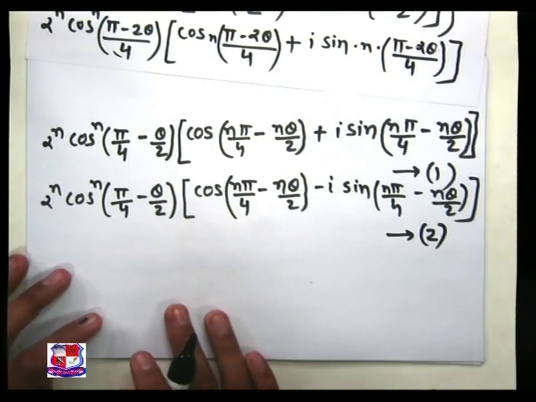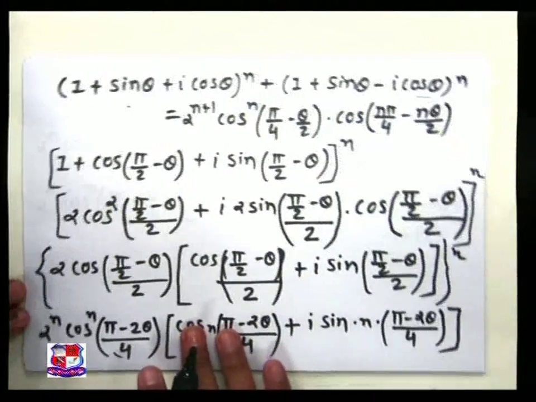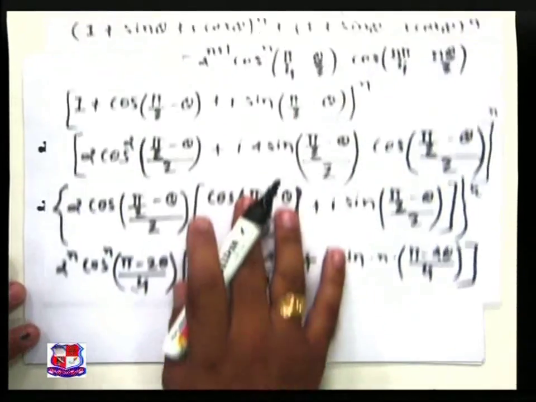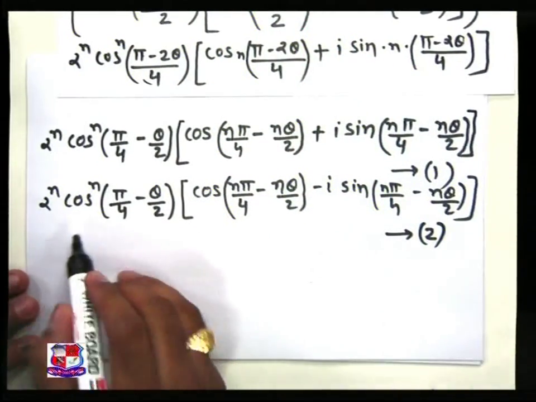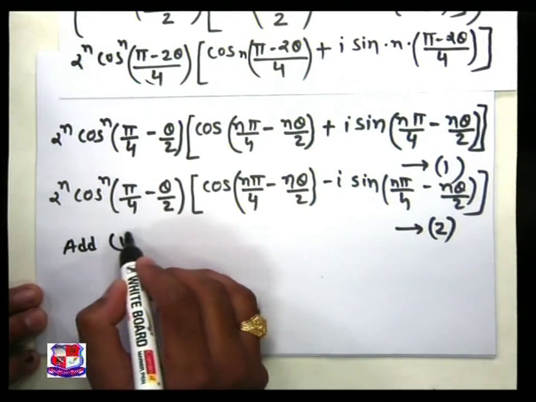So we have found our two equations here. Now we just want to add, because the sign is the addition sign. So if we want to add equation number 1 and 2, write here add 1 and 2.